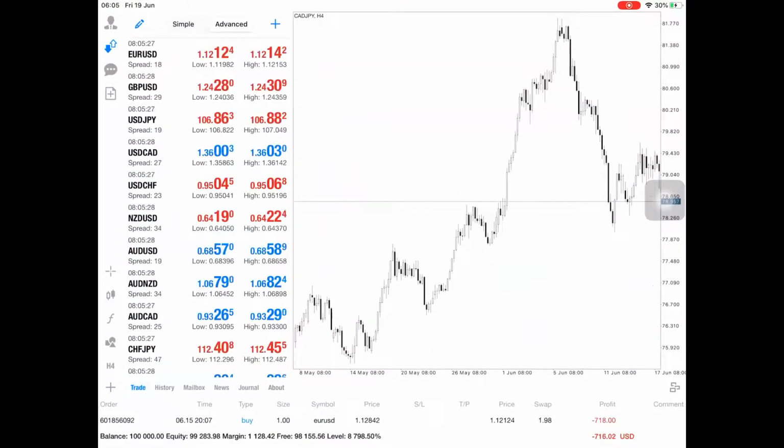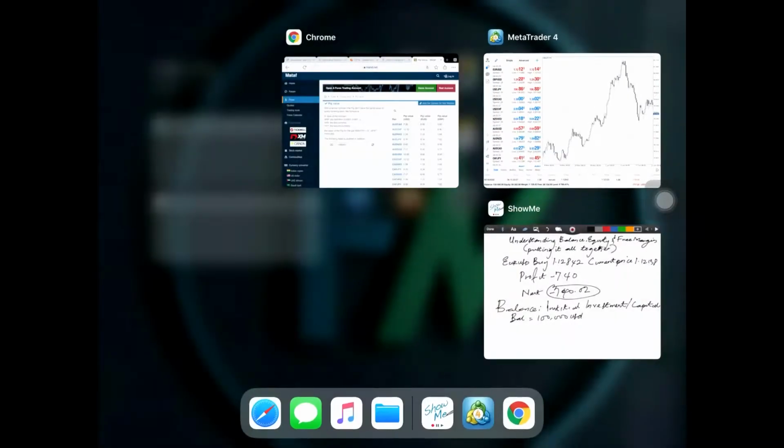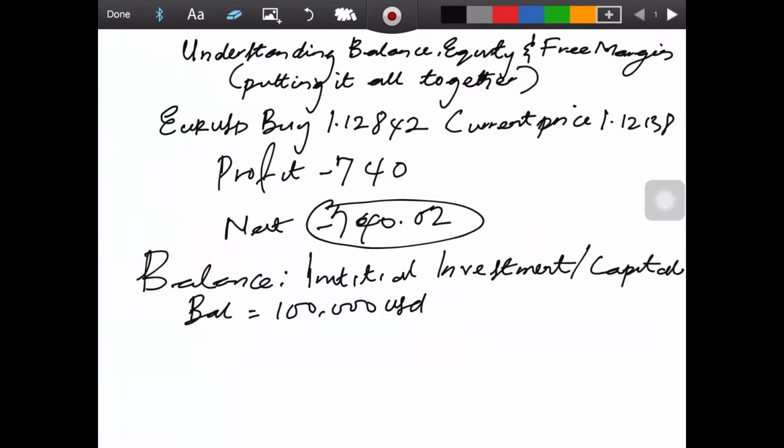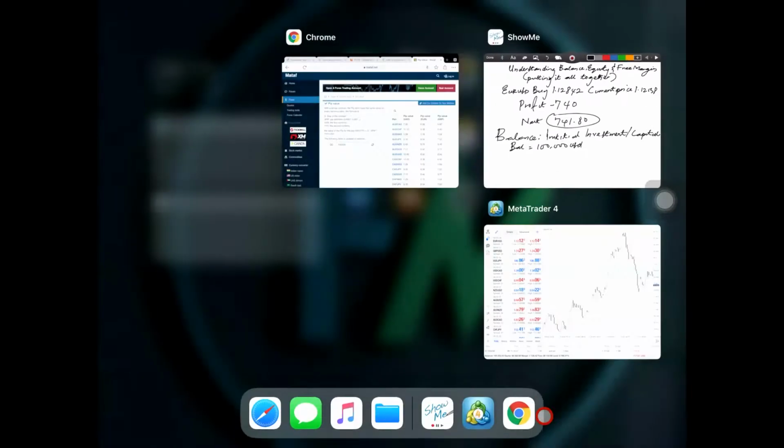The net profit is 740, so we're going to add 1.8 to 740. So actually this is supposed to be 741.80, because you got extra interest.